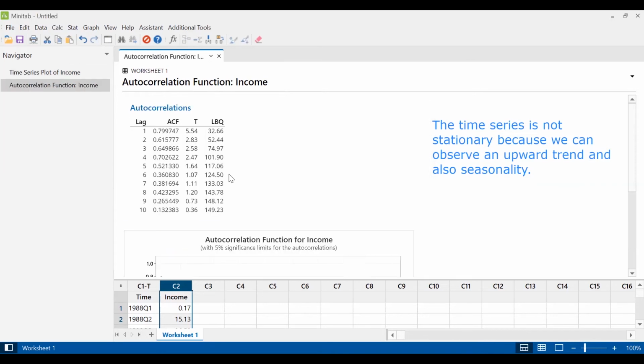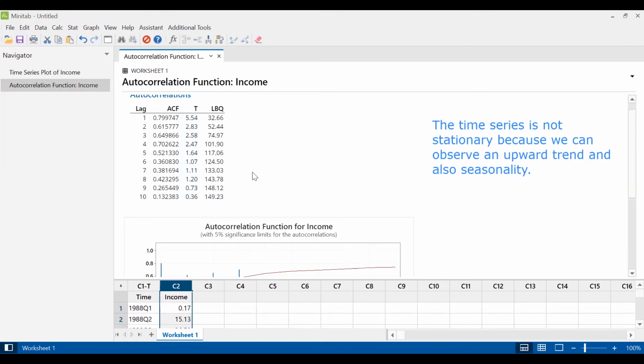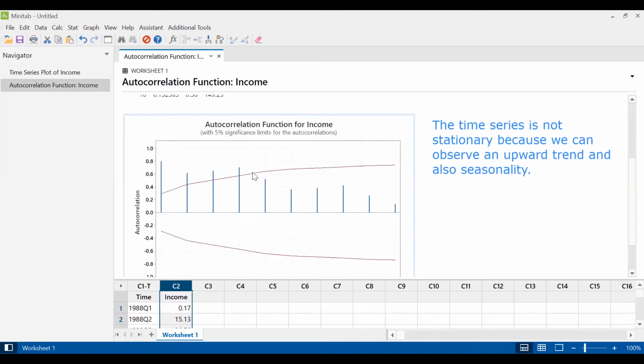Okay, let's see. When you look at the autocorrelation coefficient table, I can immediately tell that for at least the first 4 lags, the autocorrelation coefficient will be significant, and therefore we do know there's autocorrelation going on.